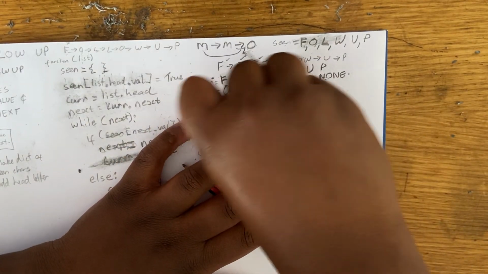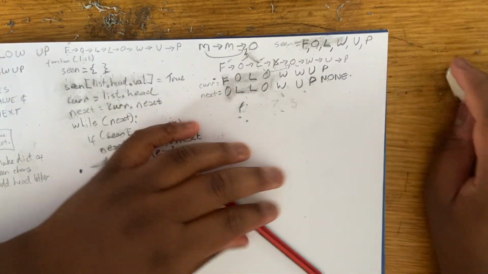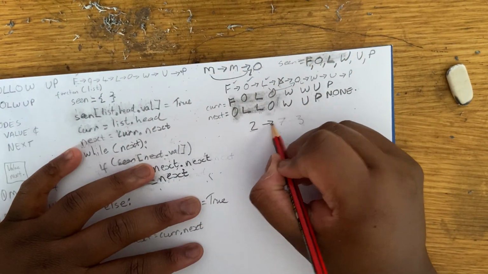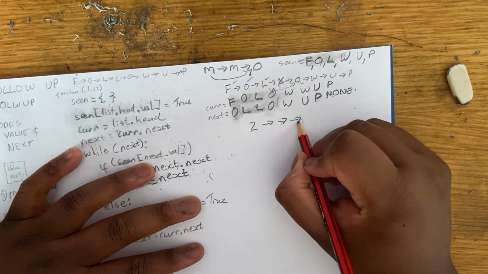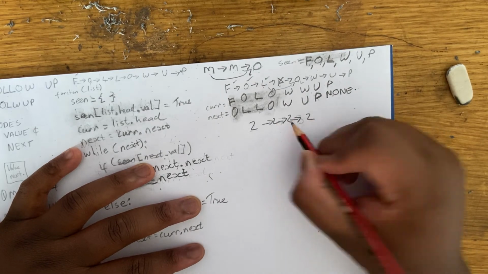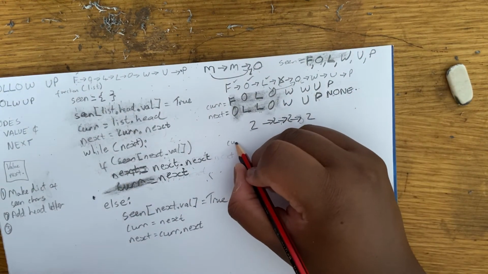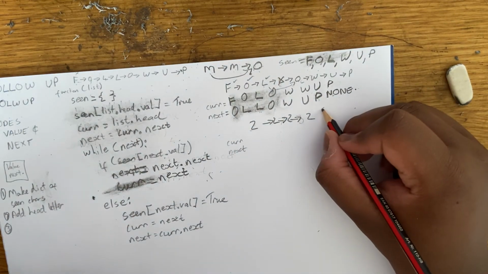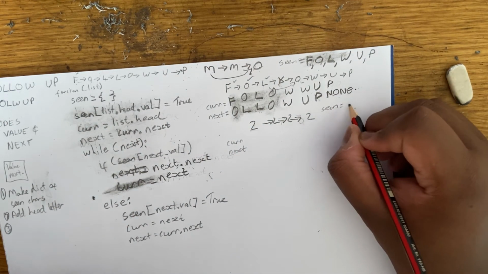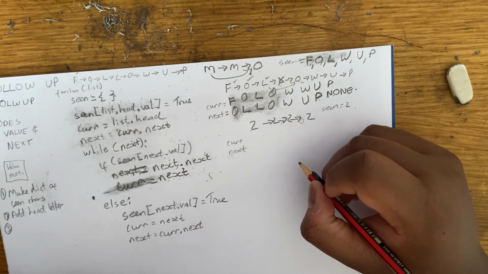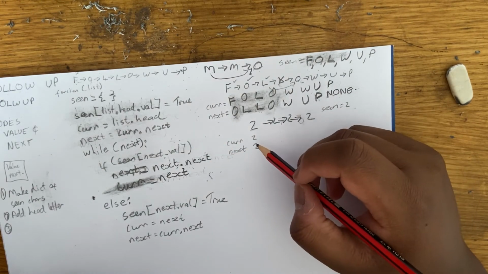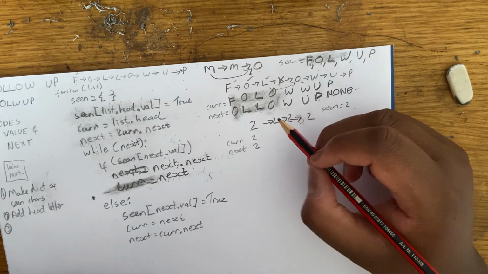What happens if I just have twos? Let's try this: 2, 2, 2, 2, 2. So, cur, next, seen. We have our 2. Then we have 2, 2. What's next? Yes, I've seen it.